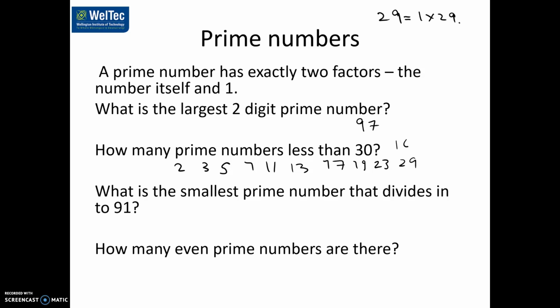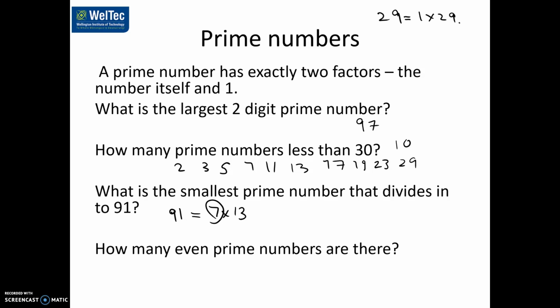The answer to that is there are 10 primes less than 30. What's the smallest prime number that divides into 91? Now 91 is not prime because you can factorise 91 as 7 times 13. So the question says what's the smallest prime number? So the answer is 7.